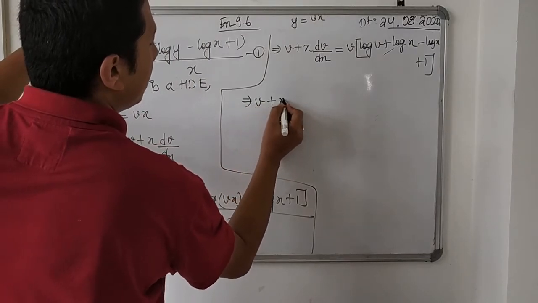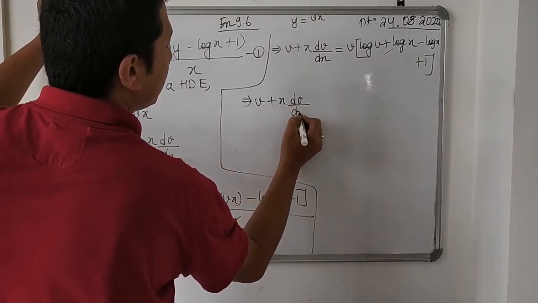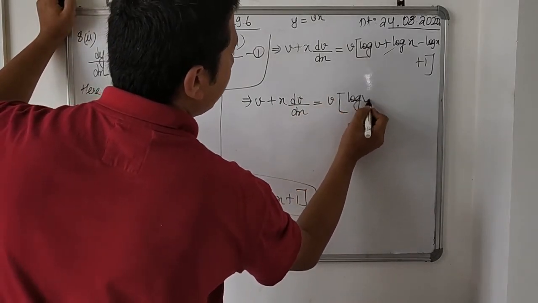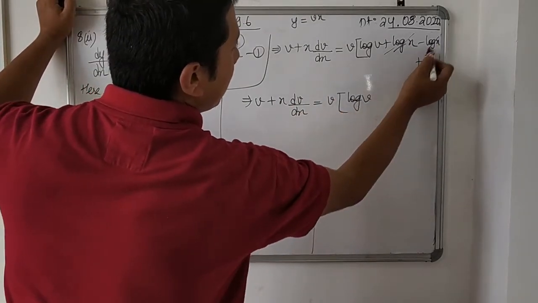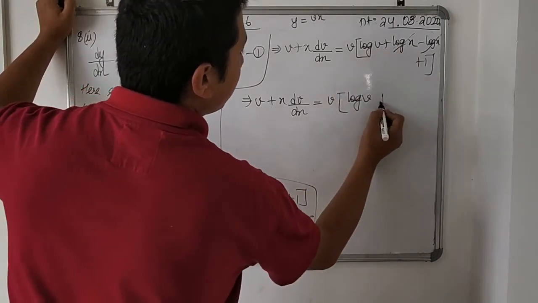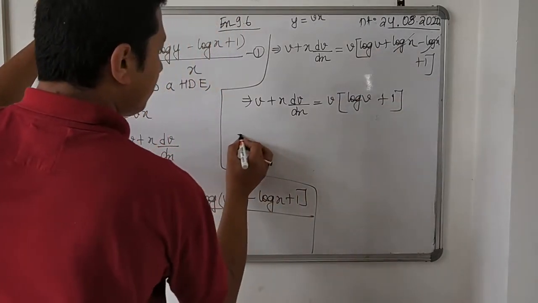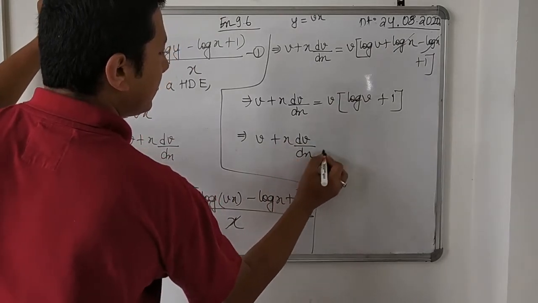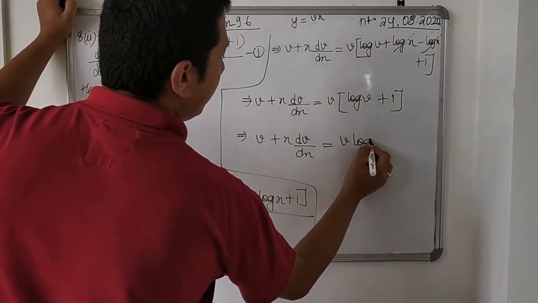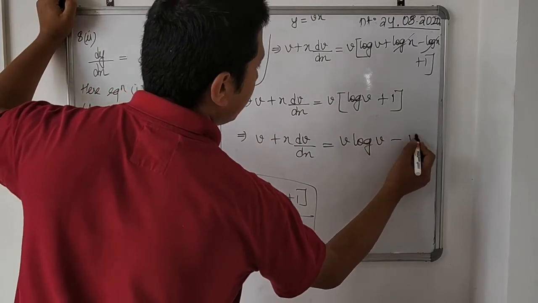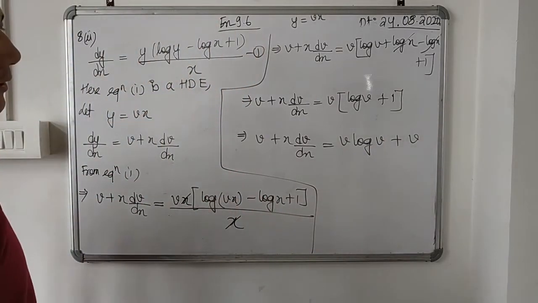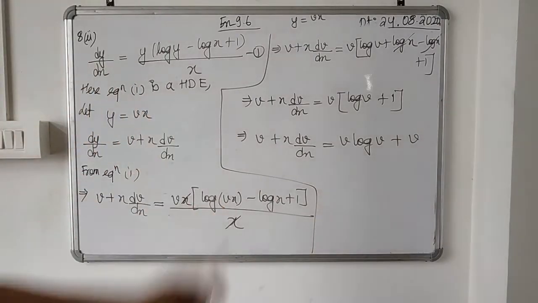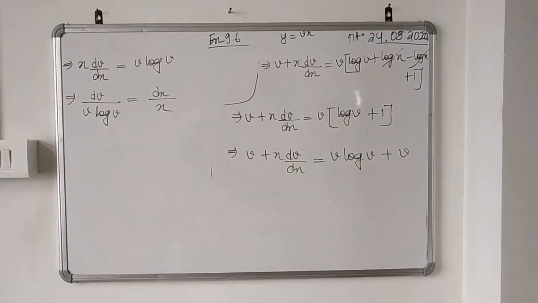So v plus x dv by dx equals v into, this is log v, plus log x minus log x gets cancelled out, so plus 1 only. Let us multiply with v, so dv by dx, this is v log v plus v, right? So now plus v and plus v again gets cancelled out. So please pause till out here and note it down.